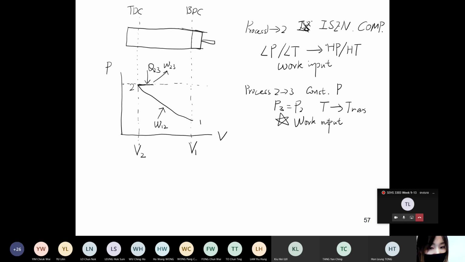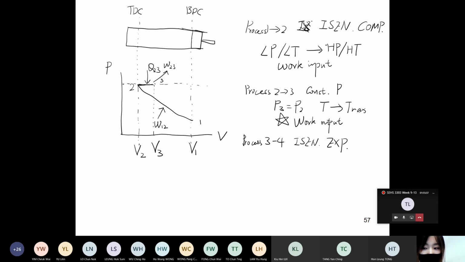Drawing this process. Here we have V3. Process 3 to 4, again, is an isentropic process, because it's an isentropic expansion.